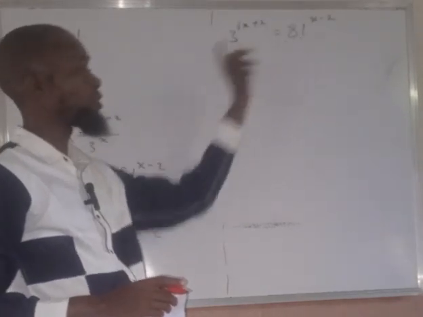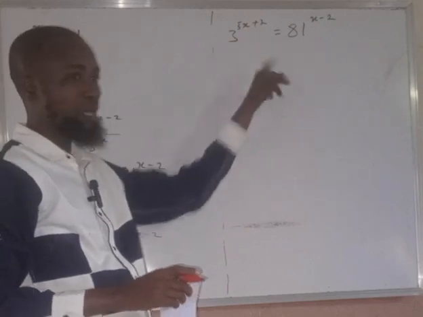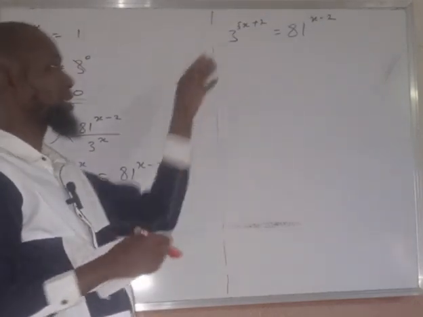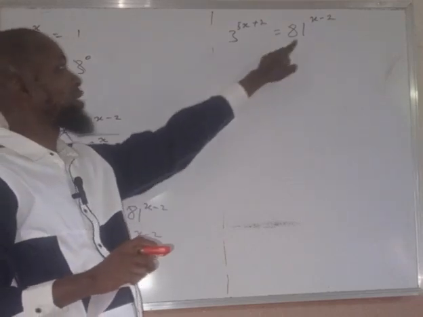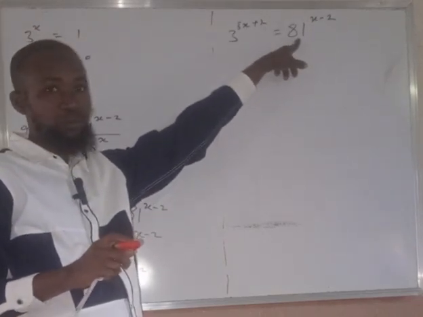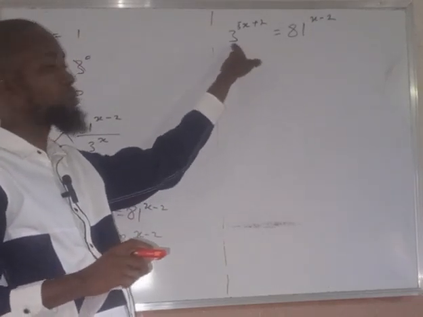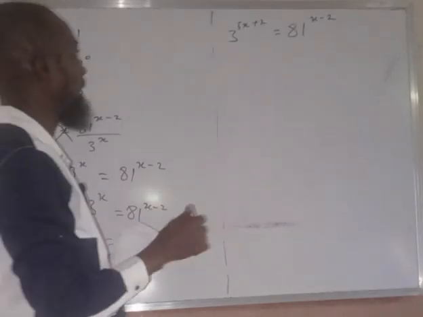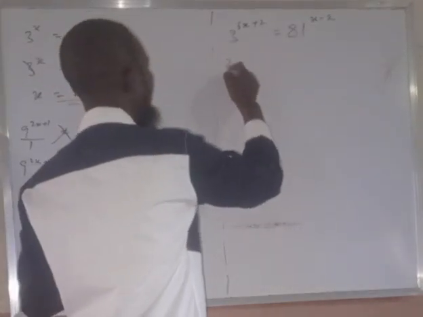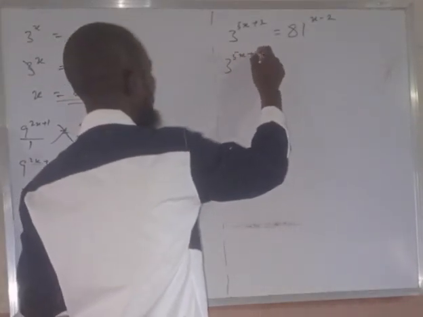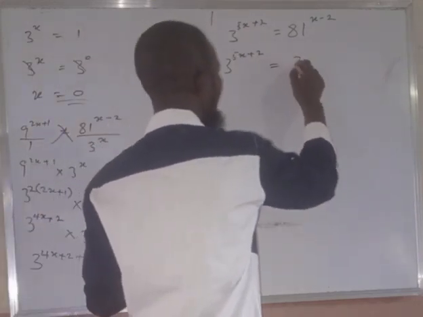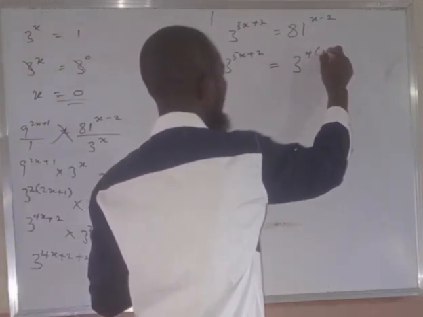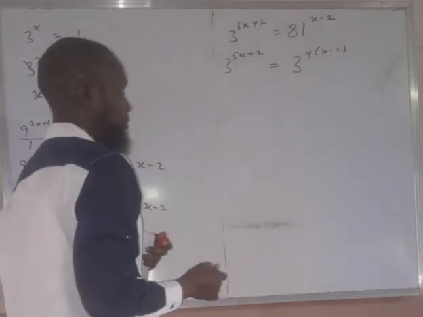This is a form of indicial equation where the two bases are numbers. When the two bases happen to be numbers, one of the things you can do is what? You can adjust the bigger of the two bases, Abi, to look exactly like this. So in that situation, I can say 3 raised to power 5x plus 2 is equal to 81 can be rewritten as 3 raised to power 4 into x minus 2.